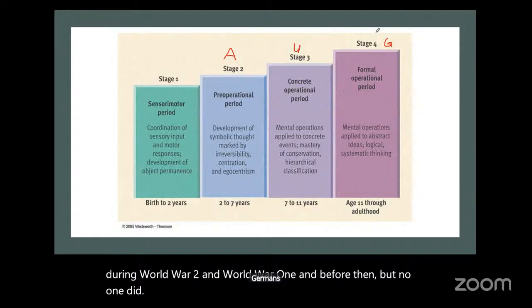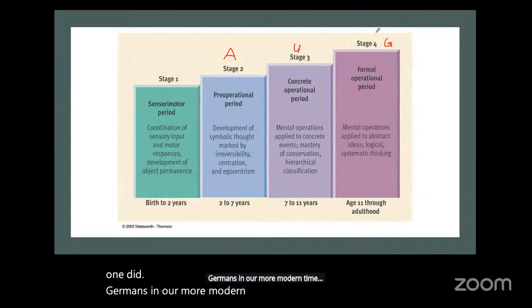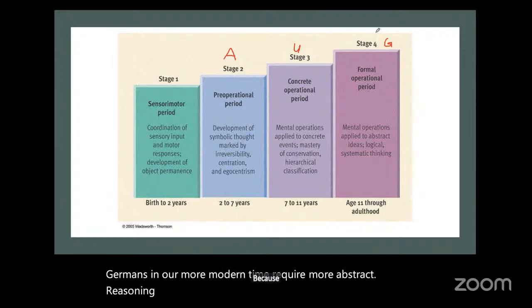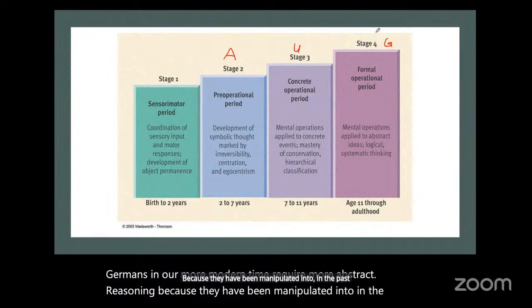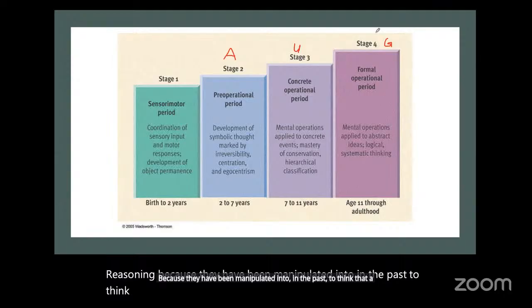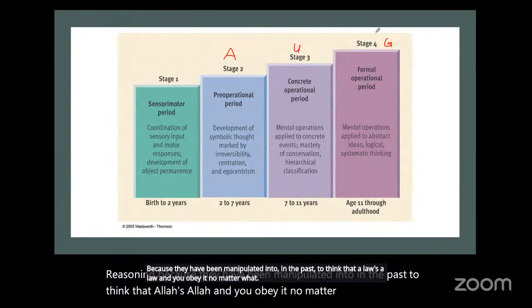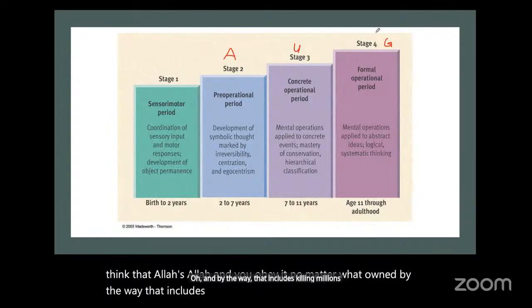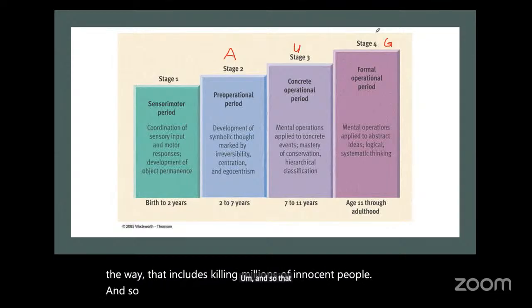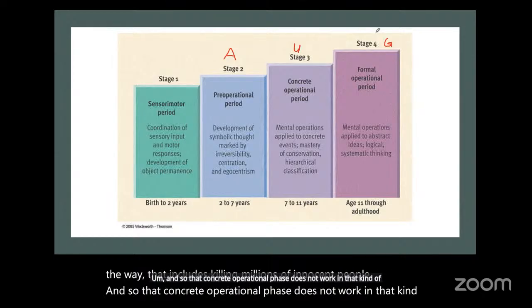Germans in our more modern time require more abstract reasoning because they have been manipulated in the past to think that a law is a law and you obey it no matter what. Oh, and by the way, that includes killing millions of innocent people. And so that concrete operational phase does not work in that kind of context.